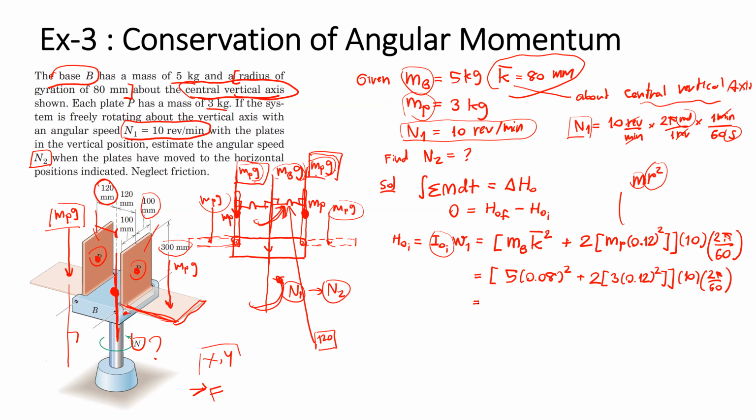So the numerical value of the terms in the parentheses is 0.1184 multiplied by 10 multiplied by 2 pi per 60. This is the initial angular momentum about maybe here.